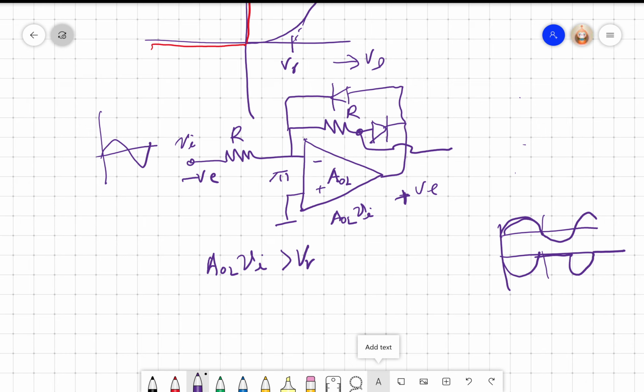So what does it mean? If Vi is greater than V gamma by AOL, this will function as a rectifier.